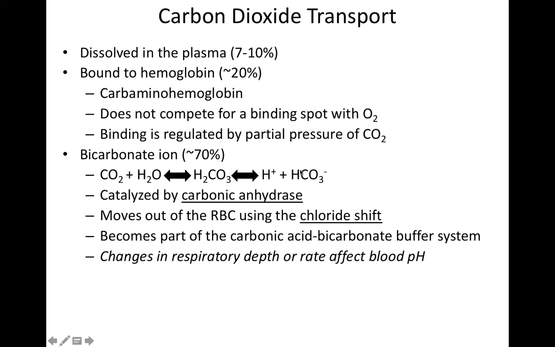That is then going to get moved out of the red blood cell using something called the chloride shift, where it's going to become part of a buffer system. From here over, the carbonic acid bicarbonate buffer system is the most important buffer you have in the extracellular fluid, including your plasma.